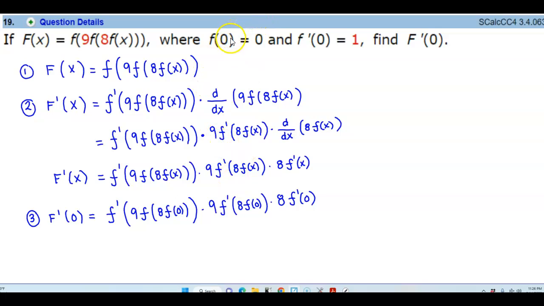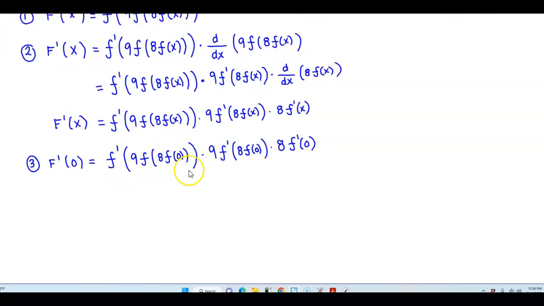So what do we know that f of 0 equals? We know that f of 0 is equal to 0, and we know that f prime of 0 is equal to 1. So let's go ahead and figure this out.